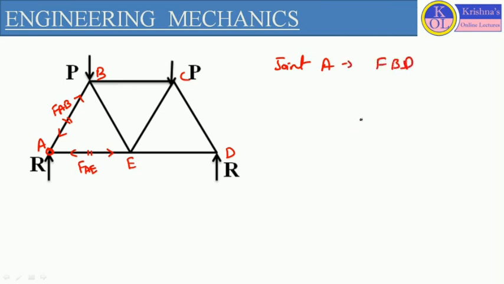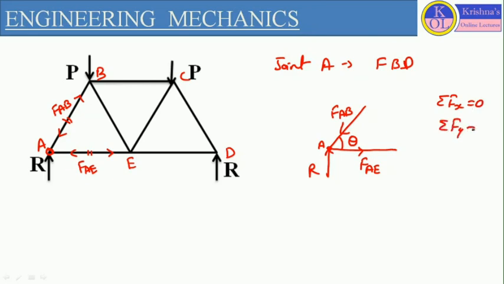Here I am going to draw the free body diagram for joint A. So here we have the free body diagram for joint A. We are considering this joint as a single, separate free body diagram. Here we will apply two conditions, summation of Fx equals 0 and summation of Fy equals 0.